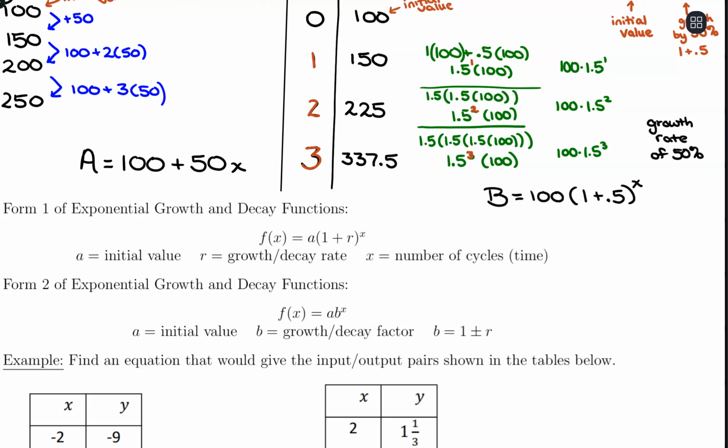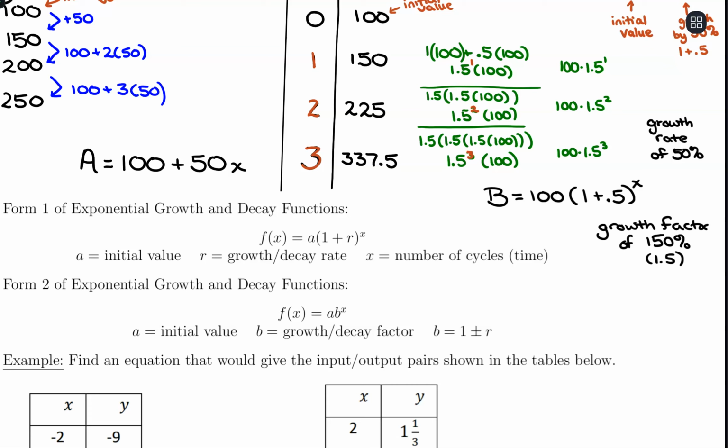So what we would see up above there would be this growth factor of 150%, or 1.5. So it's just combining the 1 together with that value. And that's where we get this relationship that b is equal to 1 plus or minus r. It's addition when it's growth, it's subtraction when it's decay.